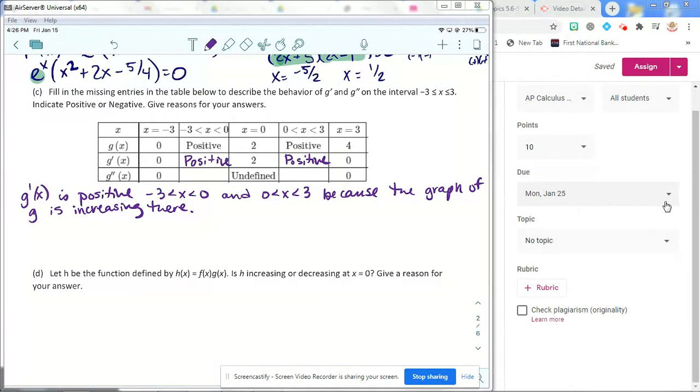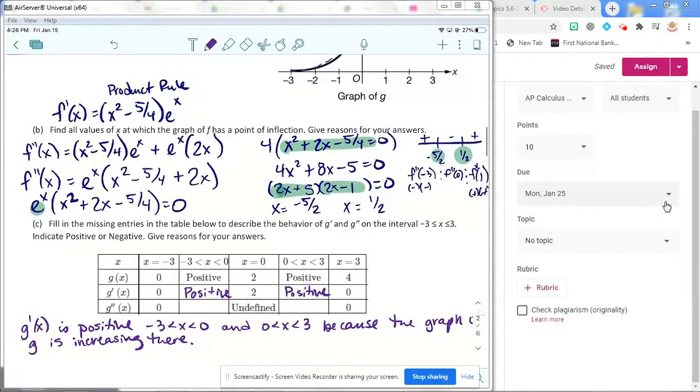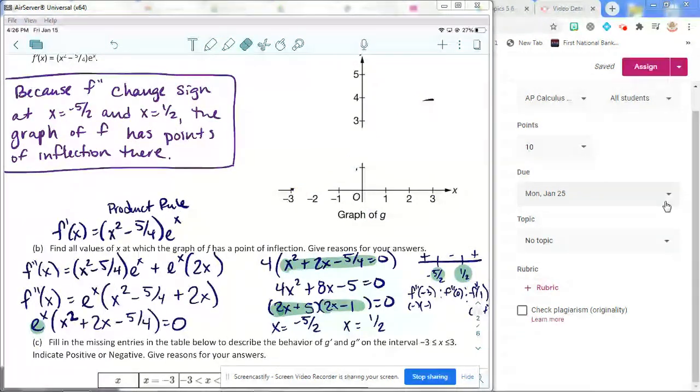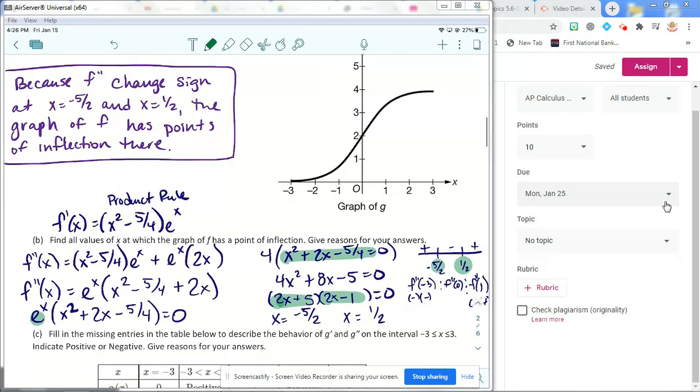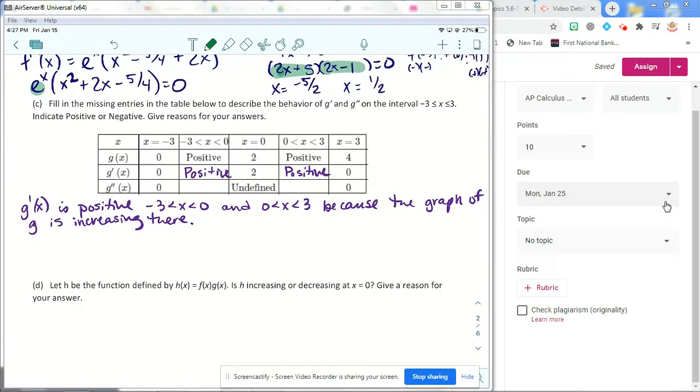Okay. And then if we're going to figure out the second derivative, if it's positive or negative by looking at the graph, what we need to look at is the concavity. So in that interval from -3 to 0, I would say that part of the graph is concave up. And if G is concave up, the second derivative is positive.